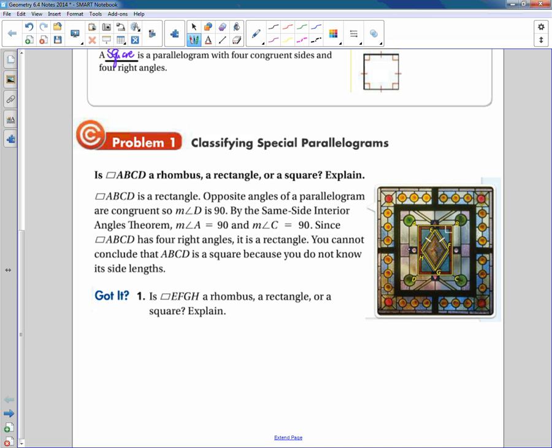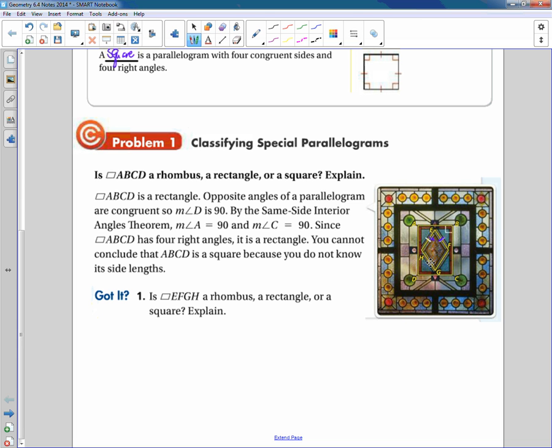All right, so now we're looking at EFGH. Where do we have EFGH? Yep, see it right here? Can you see it? Okay, we know that this side is congruent to this side, right? What do we know about the opposite sides of parallelograms? They're congruent.